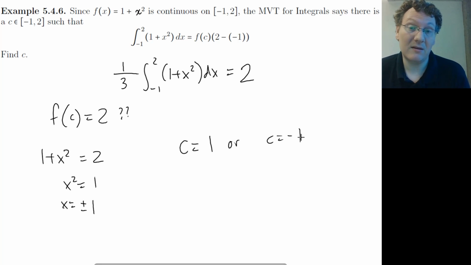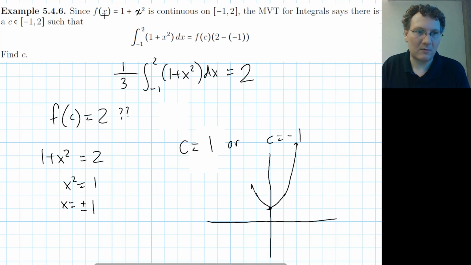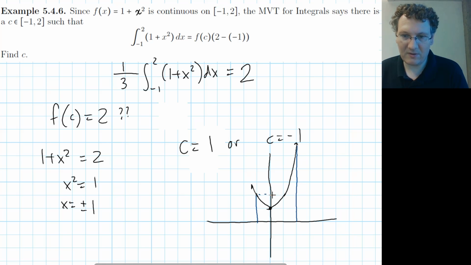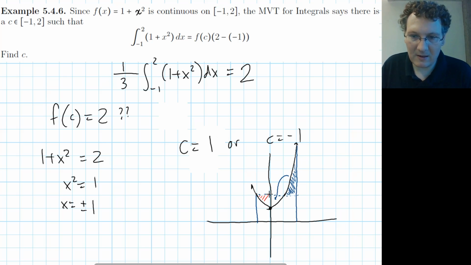So if you were to graph this, 1 plus x squared is going to look like this roughly, and it keeps going. What we're seeing here is that the area up in this region is the same as what would fill this little dip over here.